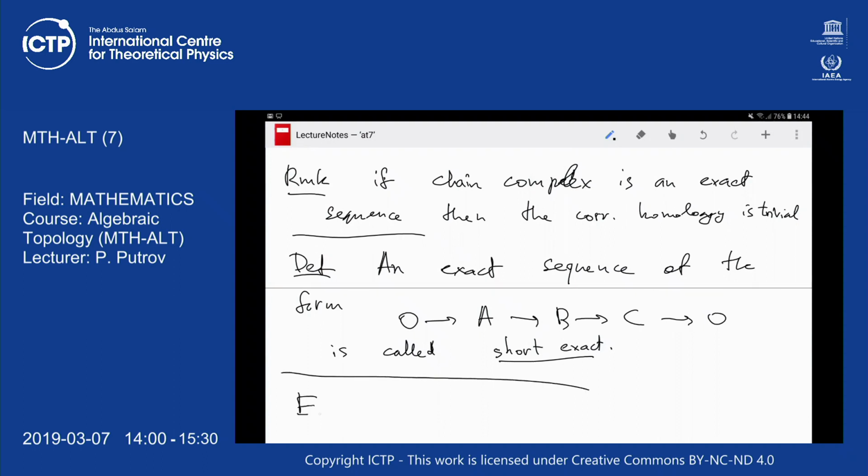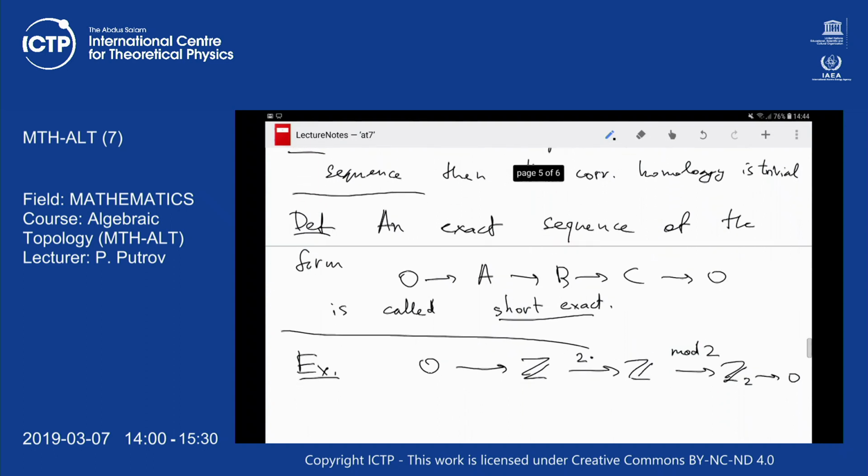So let me give you some examples. So I can consider the sequence of Z, and then Z, and then Z_2, where the first map is given by multiplication by 2, and the second map is given by reduction modulo 2.